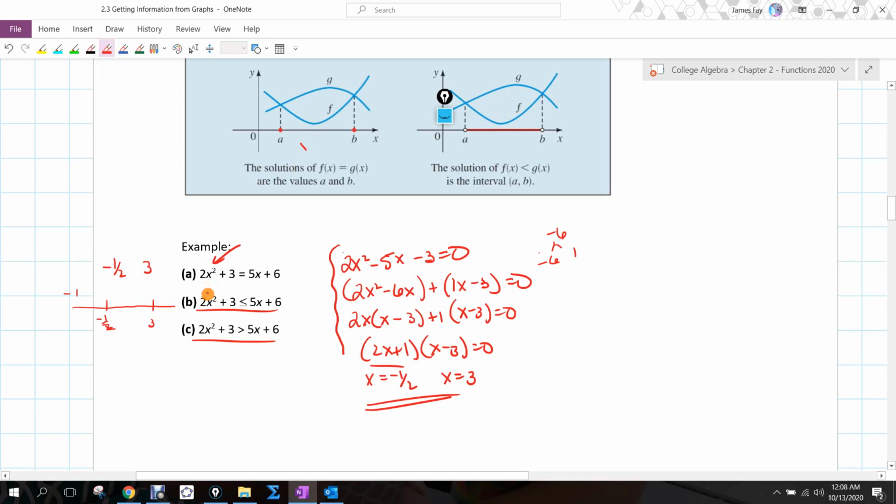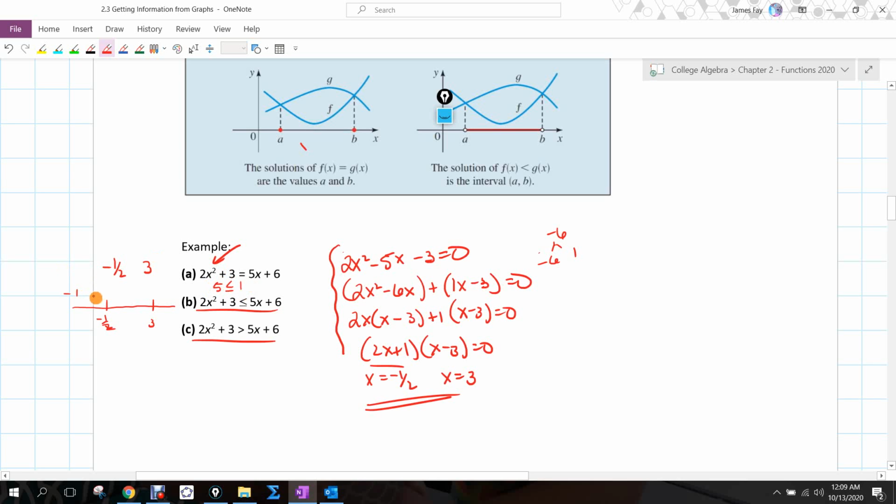So -1 squared is 1, times 2 is 2, plus 3 is 5. Is 5 less than or equal to plugging -1 in over here? I get -5 plus 6, which is 1. That is false.